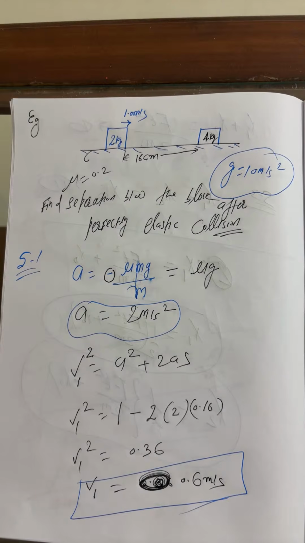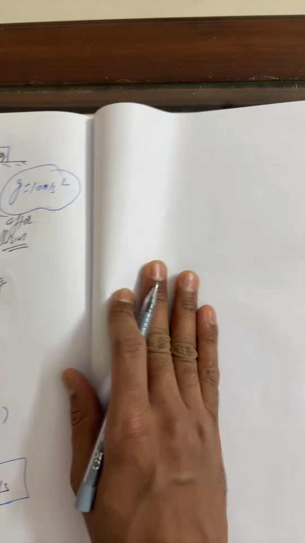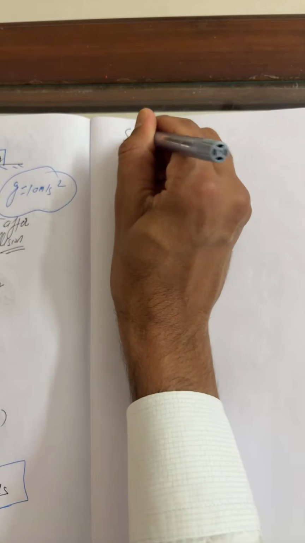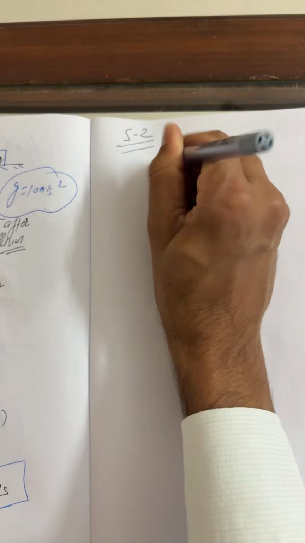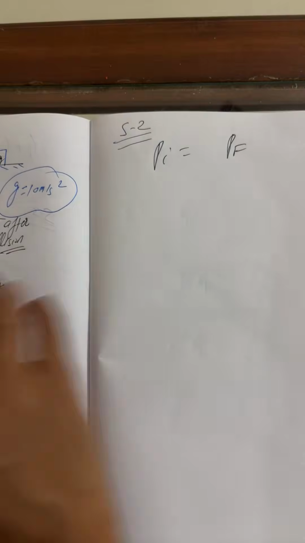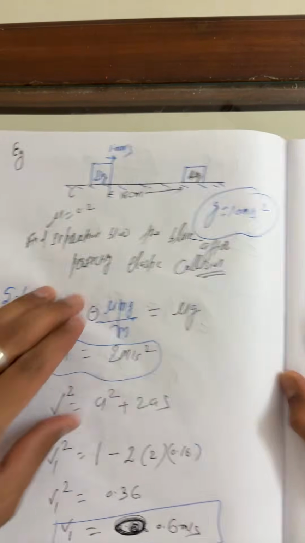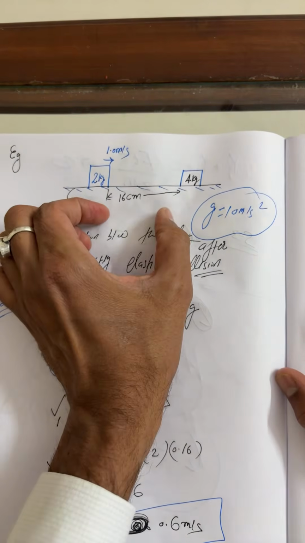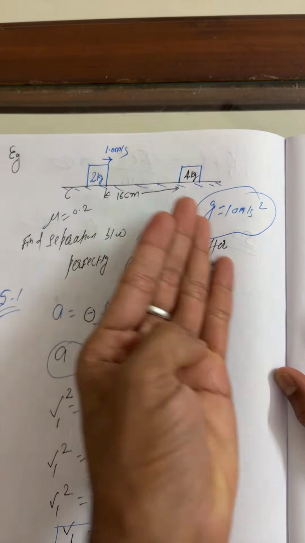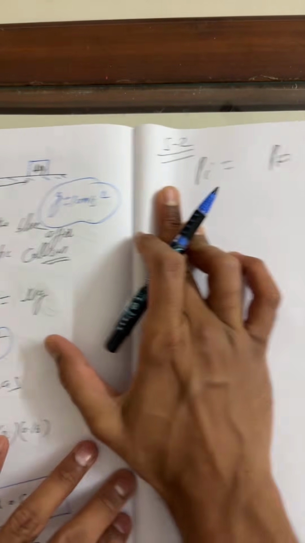Okay, now we can think about momentum conservation. Now I'm going to apply momentum conservation in step 2. Momentum initial equals momentum final. This block already traveled this much distance before the collision occurred with the 4 kilogram block.